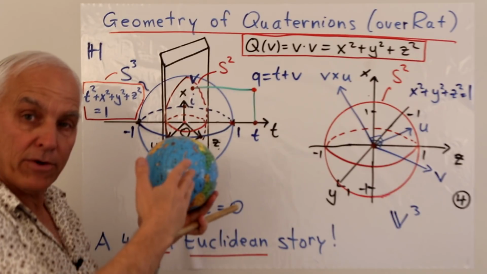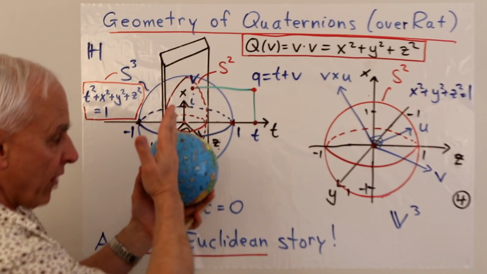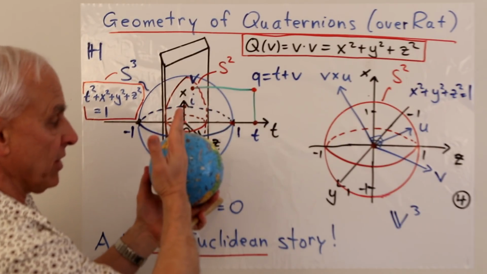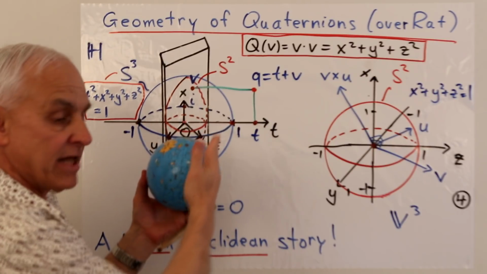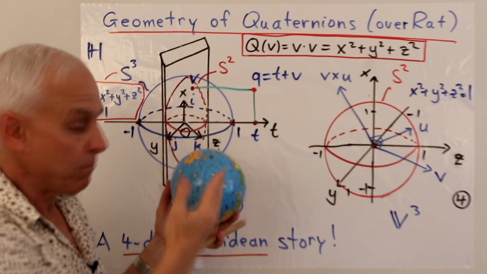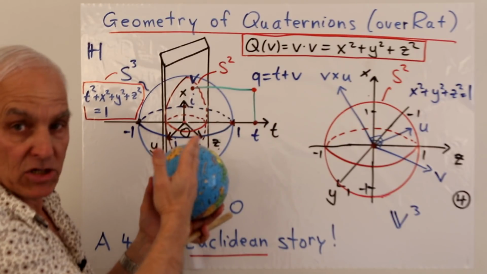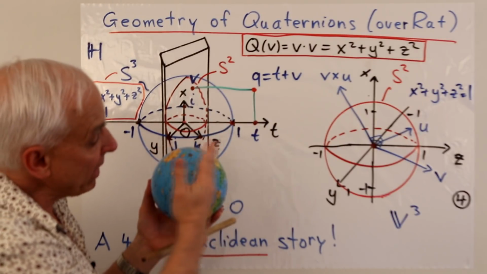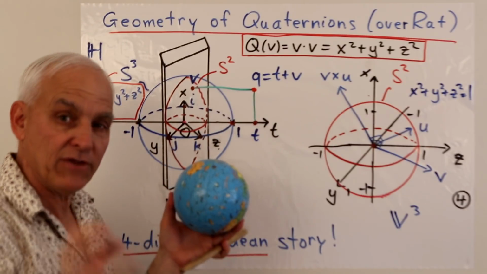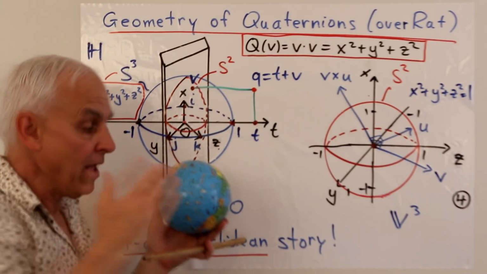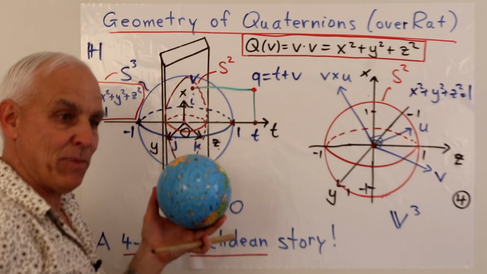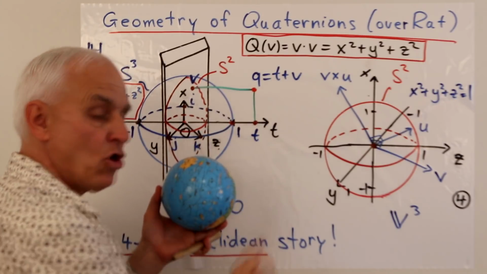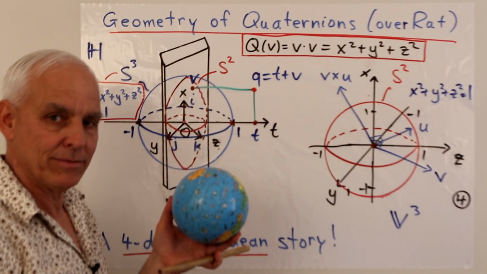It'll be that equator. And if we move that cross section over to the right or to the left, the slice is still a circle, but the size of the circle diminishes as we move closer to this end point here. When we get to that end point, the cross section consists of just a point. And then if we move the slicing plane beyond that, there's no more intersection.